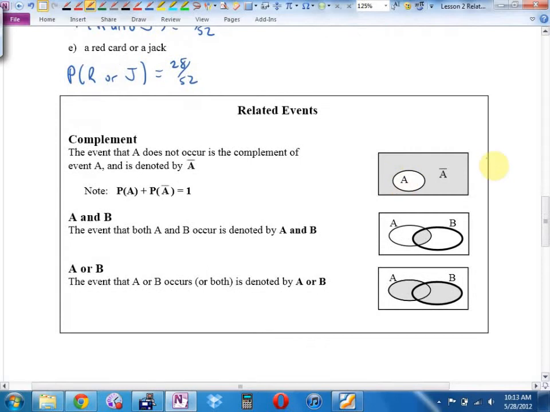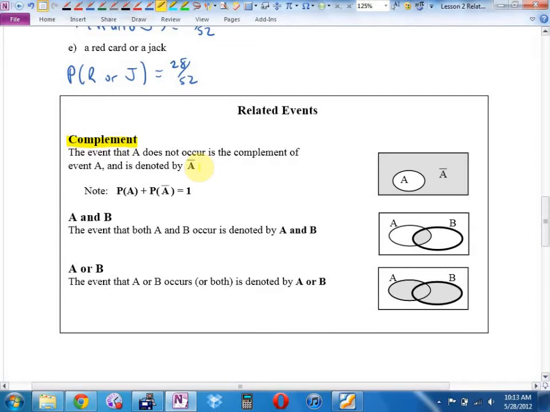Some terms for you. The complement. We're going to use that word, so you need to know that word. That's not an event. For example, if the event is a black card, what would the complement not black be? Red. If the event is an even number, what's the complement of an even number? Odd. Okay?